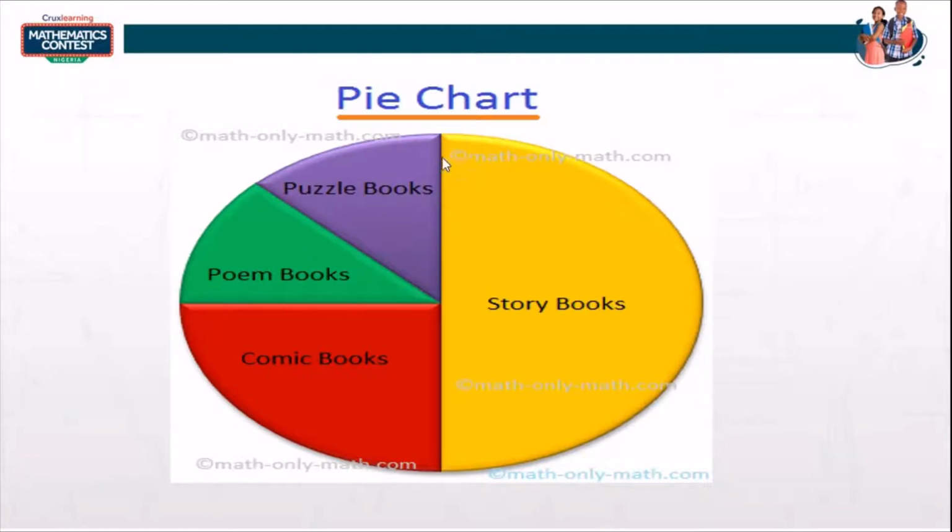So you can see the portion each represents tells you whether it has the more number or less number. So the storybook has the highest portion. So the researcher collected more of the story books. Okay, so that is the pie chart for you.